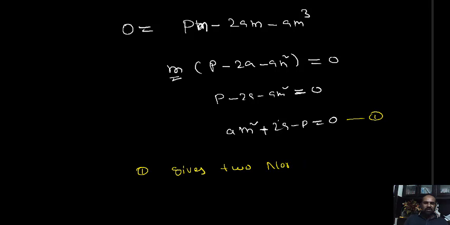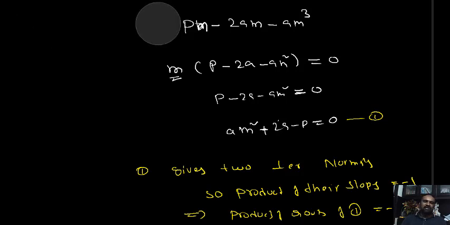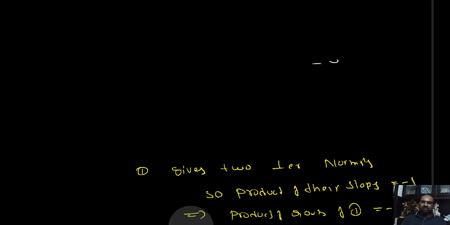So the product of their slopes equal to minus 1. Just like the product of roots is minus 1. That means the product of roots of this equation equal to minus 1. That I will write here clearly.